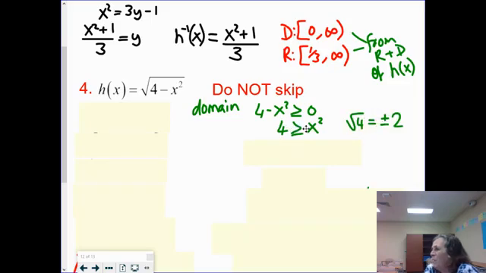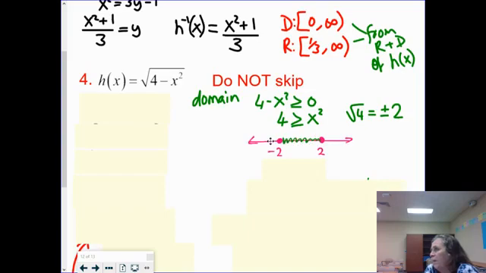That's where things are going to change, but we're not sure where anything is. So plot plus or minus 2, the roots of this equation, on a number line and think about it. Test each zone. I've highlighted the middle because I've worked that out. Test where this is true.